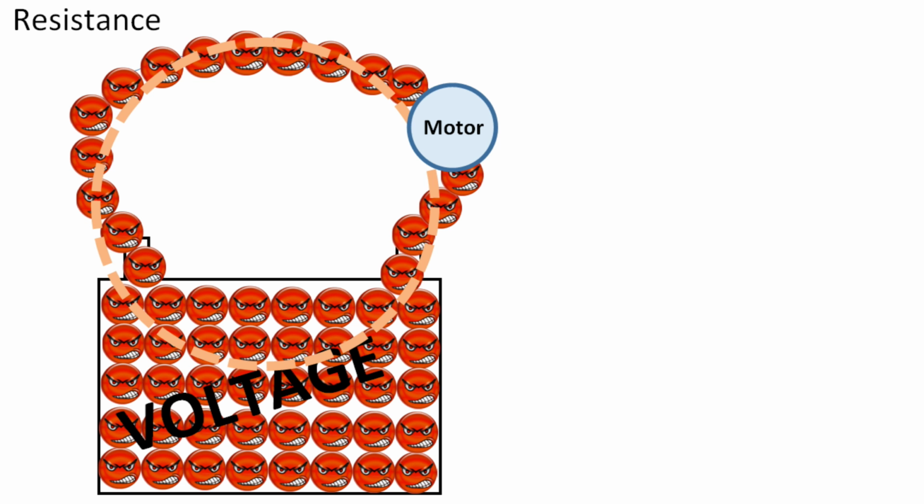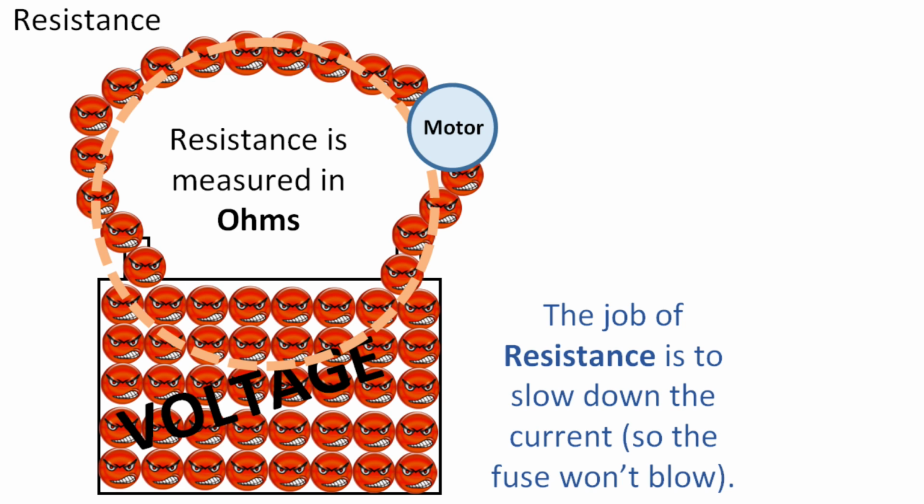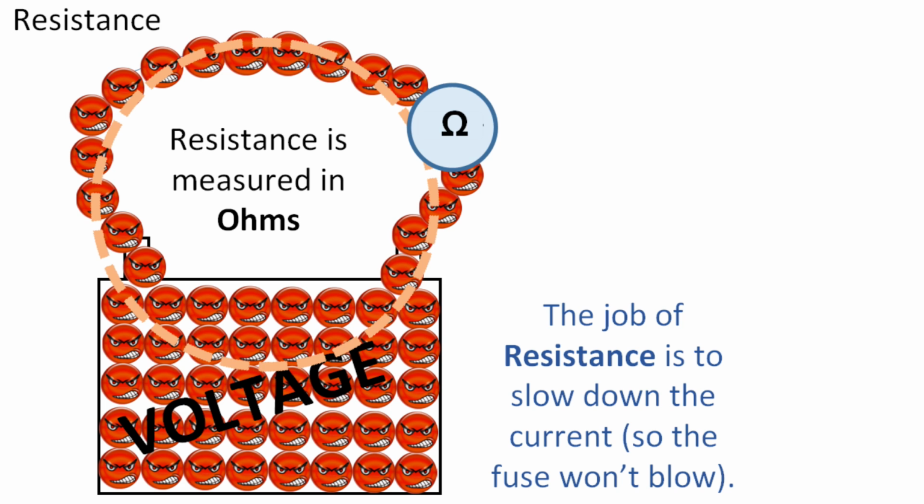So here's our battery, our voltage, our potential moving, the motor. The job of resistance is to slow the current down, slow the amperage down, so the fuse won't blow. Resistance is measured in ohms. So we're going to stick some resistance in that motor, and then it goes much slower and is much more controlled. We don't have a fire, and things are good.